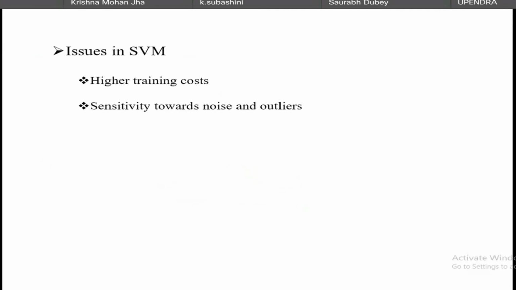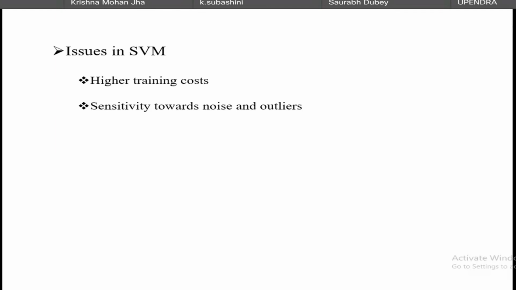There are some issues in the SVM. Obviously, SVM normally takes order of m cube. That is the complexity of SVM, where m is the number of training samples. So obviously, if we have a large number of training samples, it does not perform efficiently in terms of computation cost.